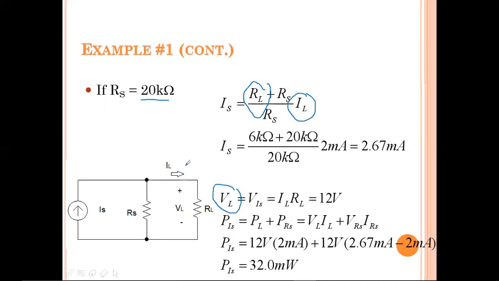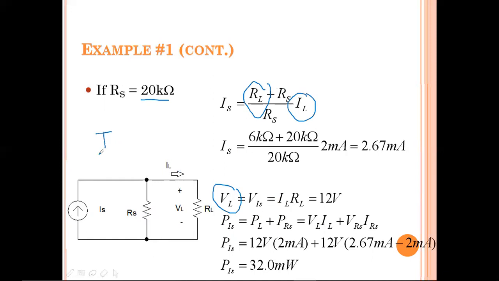Now I'm going to find the value of IS, because I changed the RS. So my IS is going to be affected because I changed the RS. Then I use the current division rule, the CDR rule.